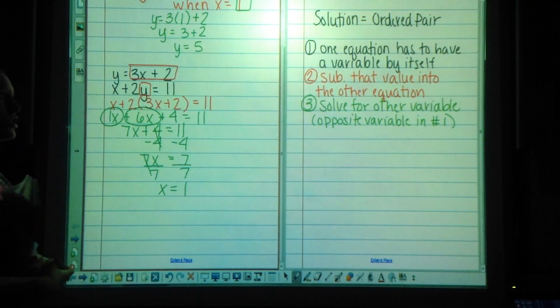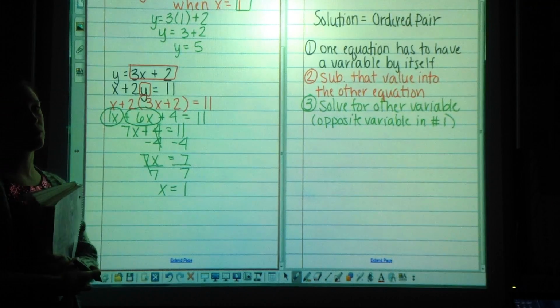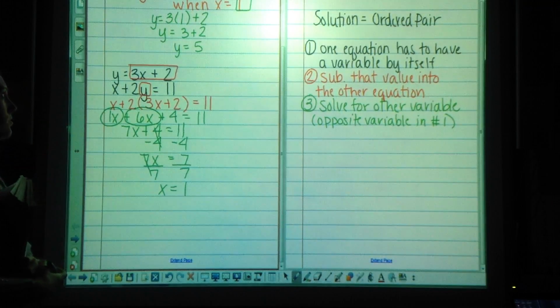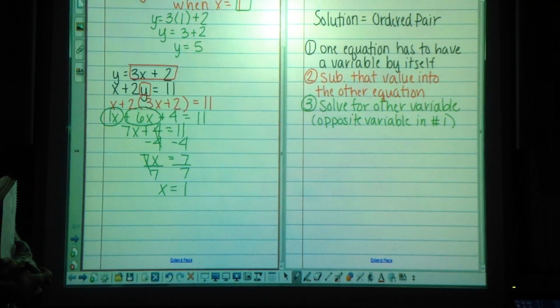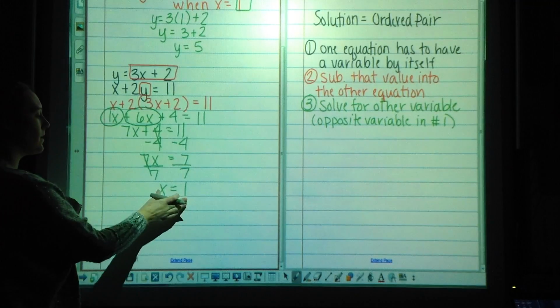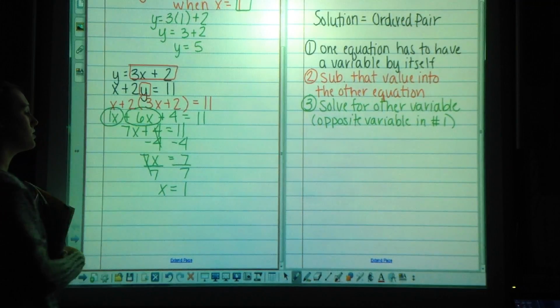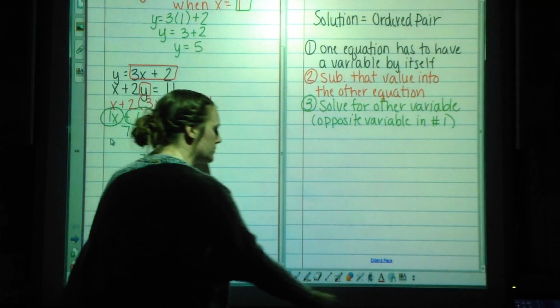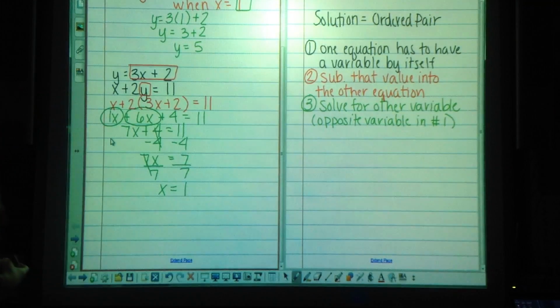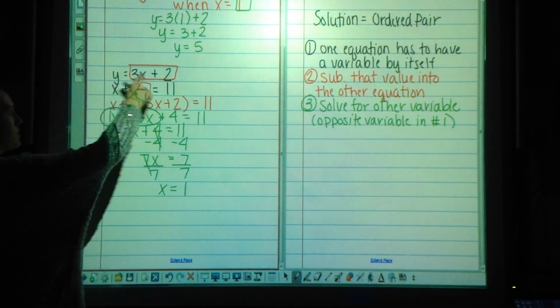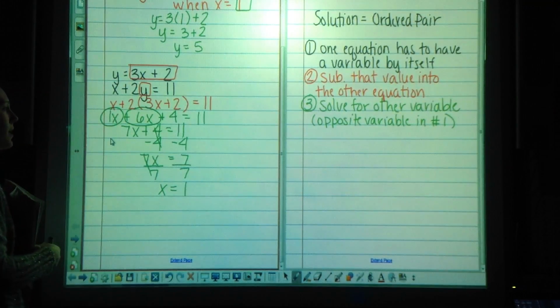Remember that our solution has to be an ordered pair, so we only have half the value. Your next step is to find the y value. To do that, you're going to plug the x value back into one of the original equations. It doesn't matter which one you choose. I'm going to choose this equation right here because y is already by itself.